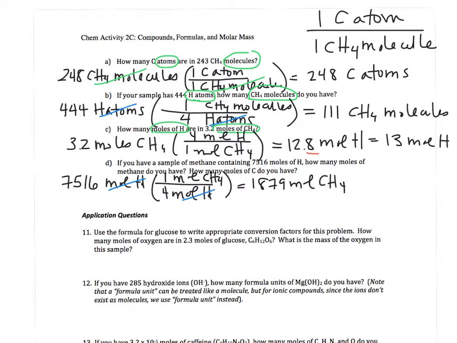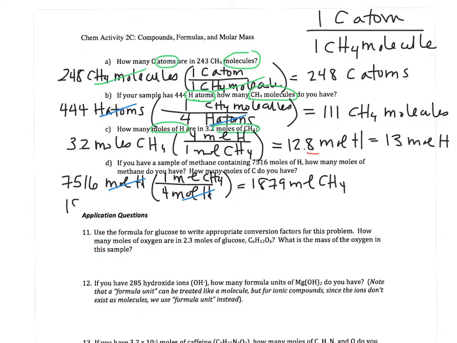Now, the question is how many moles of carbon are there? So we probably don't want to start from here because this doesn't have carbon in it, but we could start from here. So we could now say, all right, let's do a second step.